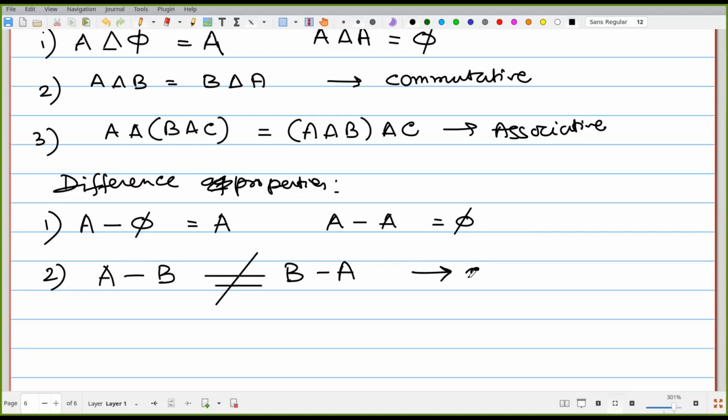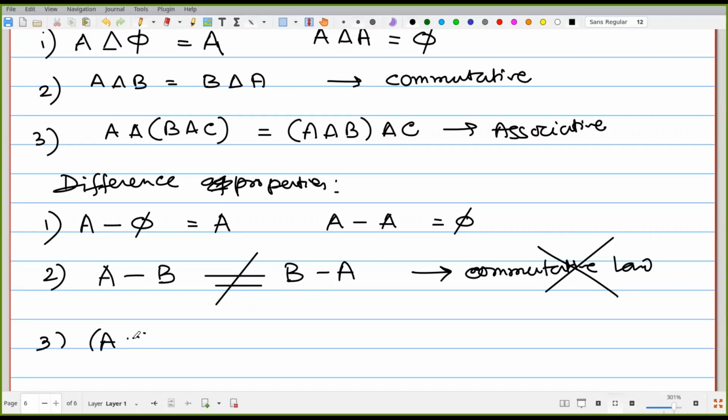But second one, that means A minus B is not equal to B minus A. That means it does not follow the commutative law. Normal difference of sets does not follow the commutative law. If we have A minus B minus C, the associative law connected with that would also be a problem.